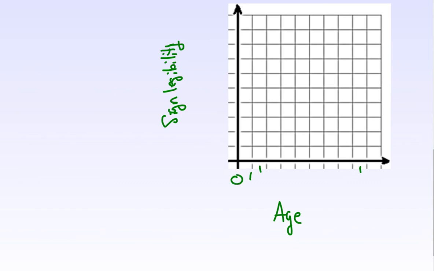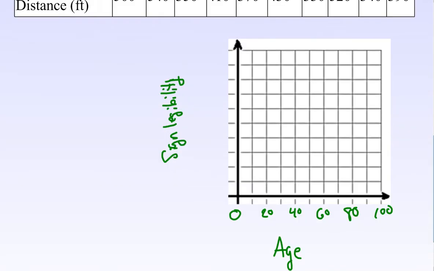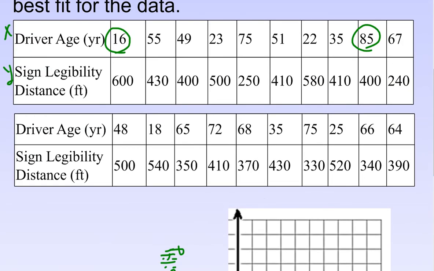I'm not going to write on every single line, though. 0, 10, 20, 30, 40, 50, 60, 70, 80, 90, 100. All right, and the sign legibility. Let's see.